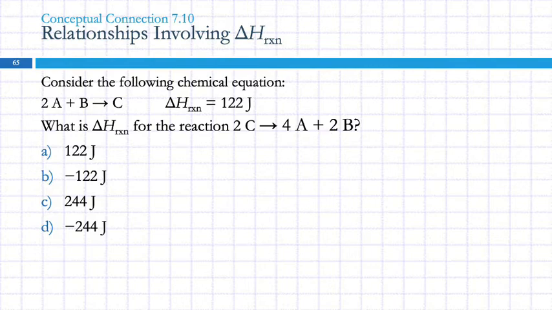So I'm going to take that 122 and multiply by 2. What else has happened? We're going to change the sign because this is going backwards compared to this one. If this one's positive, then the other one's negative. So it must be this one. Does that make sense?